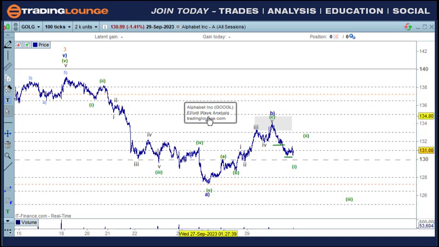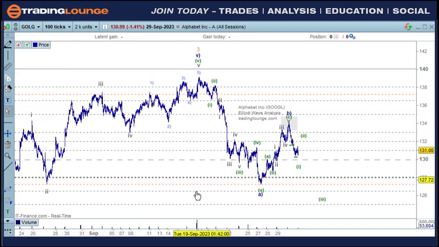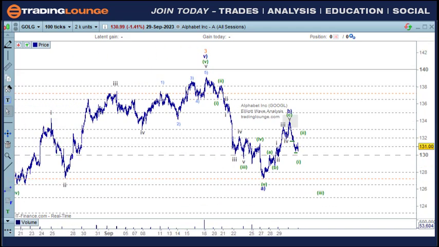And so Google's a bit of an easier one because we've had the top up here for this, and we may need to look at this here as this wave 3 here. Not that it really changes anything at this particular point, and wave 4 down here for this, so just a larger wave 4.